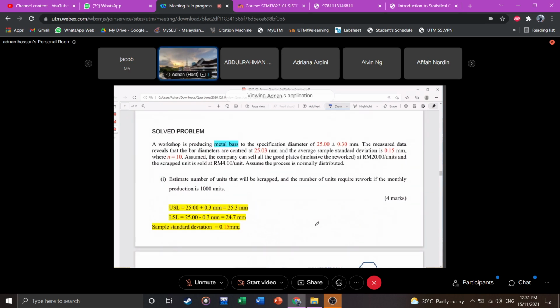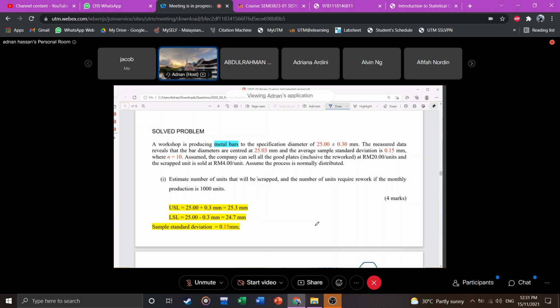See this one. This is related to normal distribution and process capability. A workshop is producing metal bar. This is related to control chart also. When we do control chart, when a process is stable, we can look at the process capability and compare with tolerance.